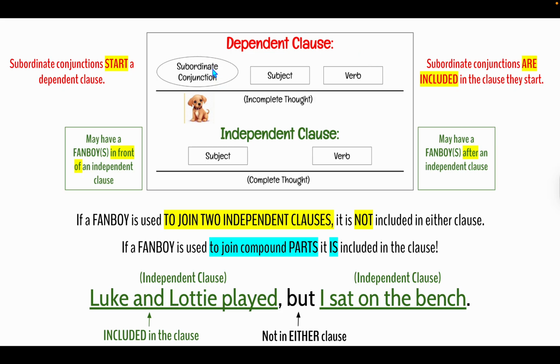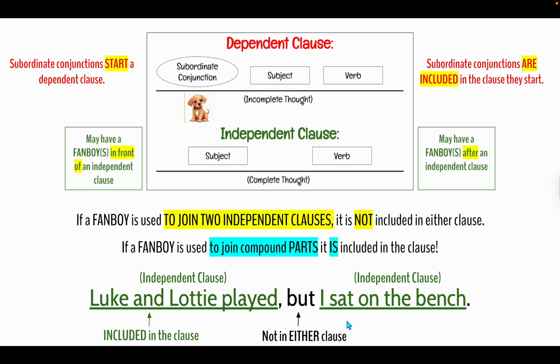So when you know it starts a clause, start being the key word, and it's in the clause. Whereas when I am using a FANBOY, which is also called a coordinate conjunction, to join two clauses, like down here, they need to understand that the FANBOY technically is not a part of either clause.